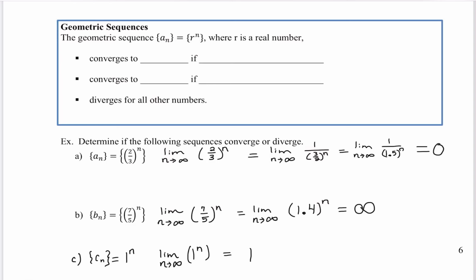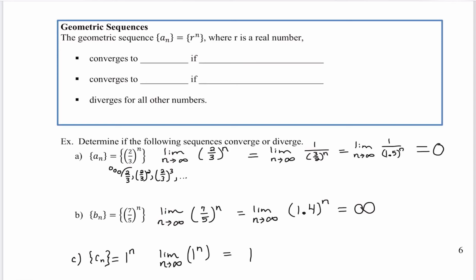All right, so a sequence that's geometric. When you think about a geometric sequence, we're really thinking about one that has a common ratio. So if you were to write out these terms, it's 2/3, and then it's 2/3 squared, or 4/9, and then it's 2/3 cubed, or 8/27, and so on.